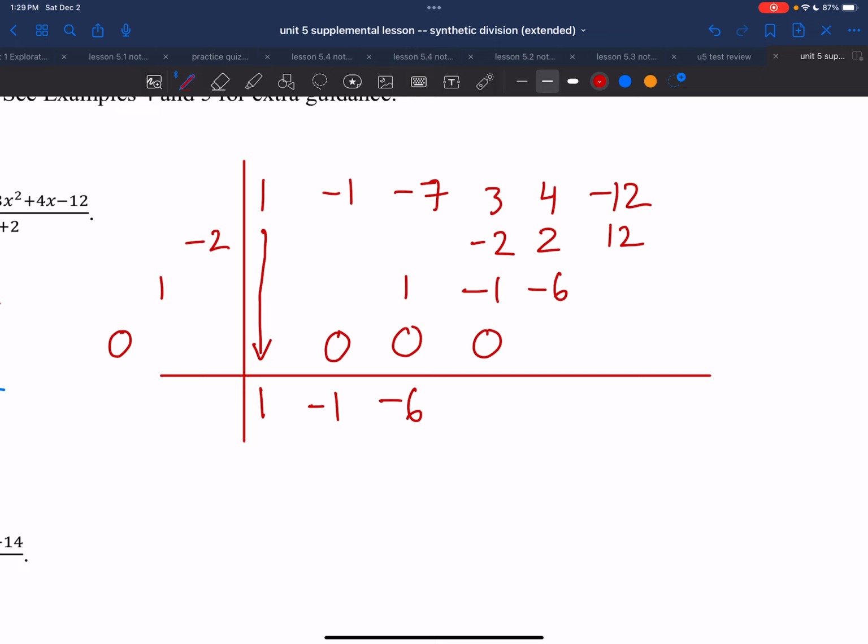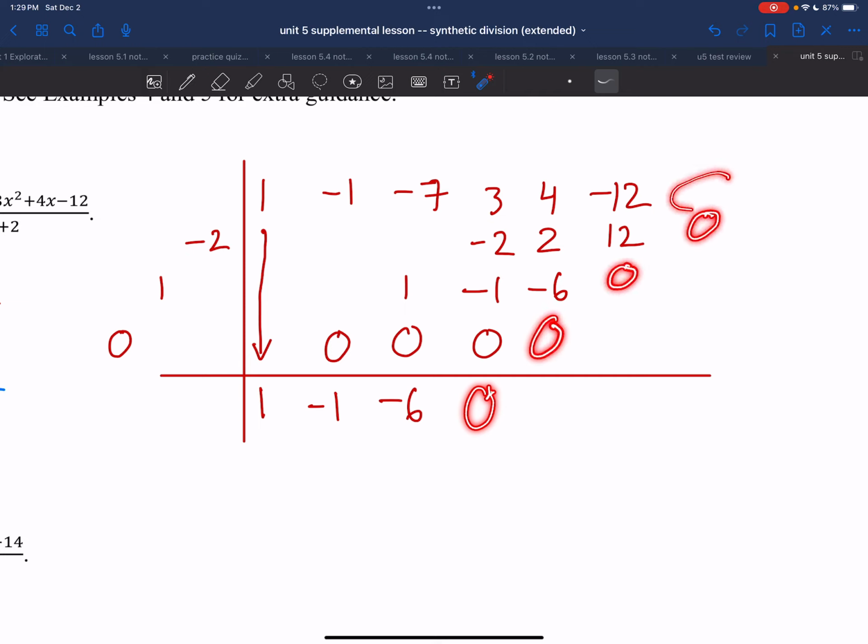And then add. But I want you to notice when you add this next column, if I were to repeat this and add all these up together, I get 0, and then I do 0 times all those 3 things, I get 0, 0, 0.